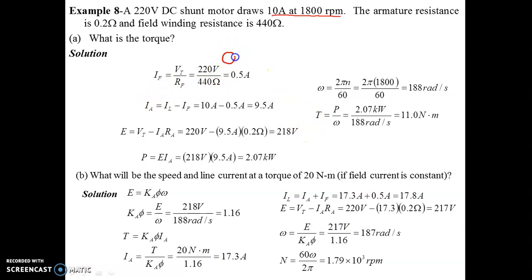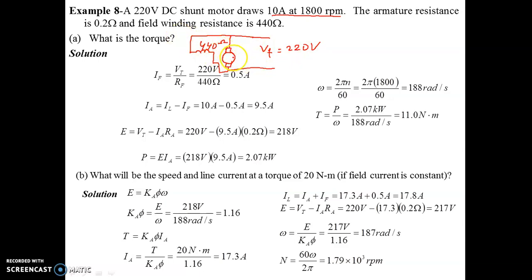So I am just drawing a shunt motor here, like this. This is the terminal voltage, and the terminal voltage is 220 volt, and this field resistance is 440 ohm.